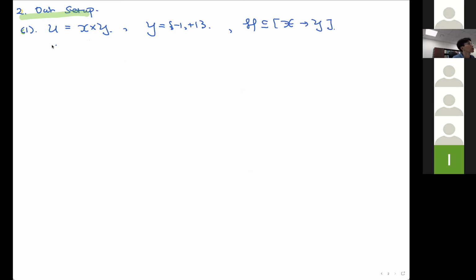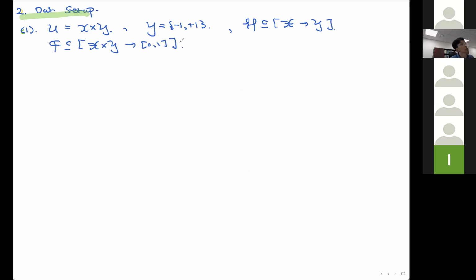So what is f in our setup? f is going to be a set of maps from U to 0 and 1, especially if you want to use the previous result. To make it more explicit, U is X times Y, so it has to be X times Y to 0 and 1.